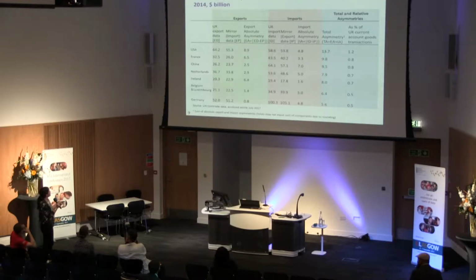We have export absolute asymmetry, which is the difference between our reports of our exports to the US and the US's reports of its imports from us, similarly for France, China, etc. Import absolute asymmetry, the difference between our imports from the US and their exports to us. Total asymmetry, which is the sum of the export and the import, and then the total asymmetry as a percentage of UK current account goods transactions, so relative asymmetry.